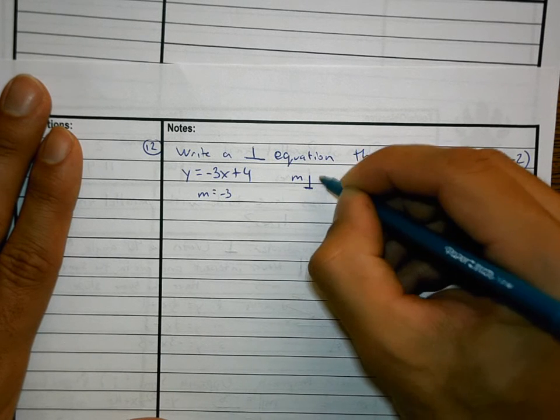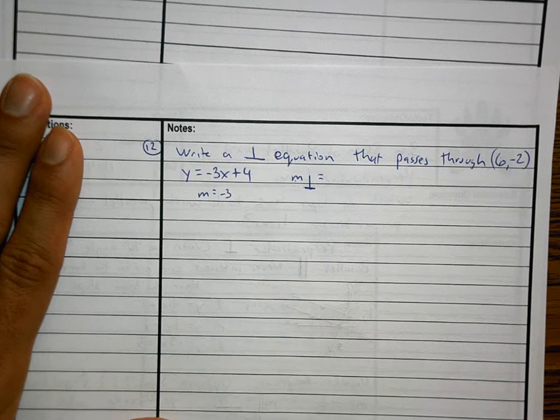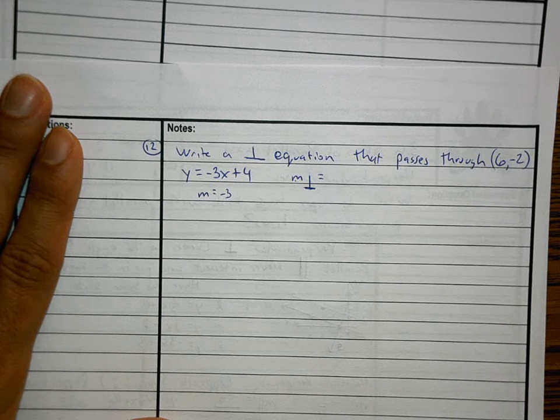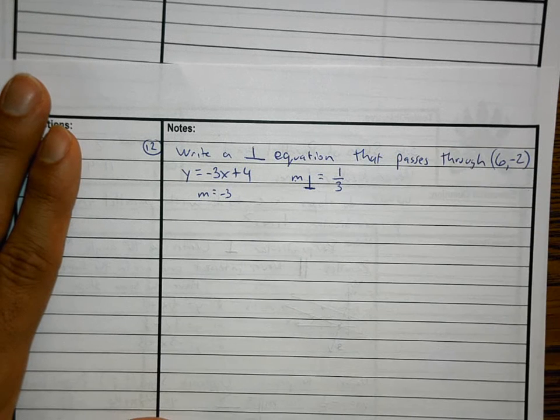I'll put a symbol next to my slope, the perpendicular slope. Do you know what the perpendicular slope is? Got to change the sign, and you got to flip it. Jur, go ahead and tell me what you think it is. 1 over 3. Do you agree with Jur? Yes. Good. He is correct.